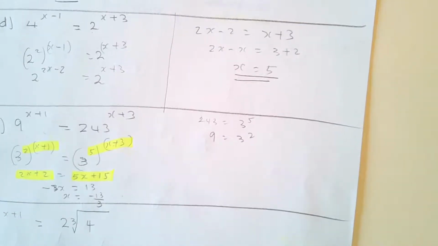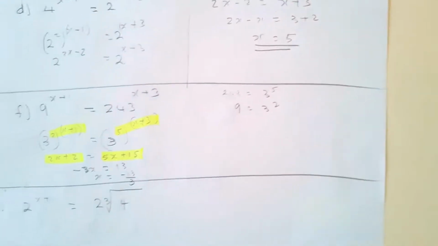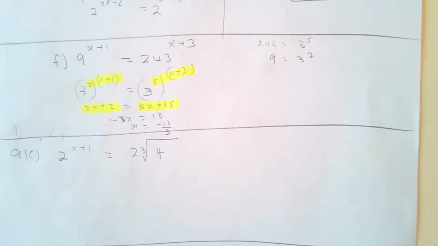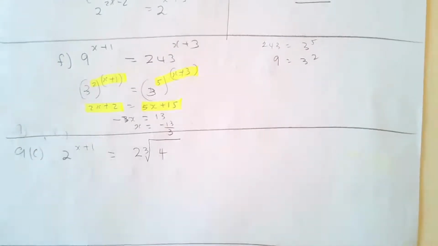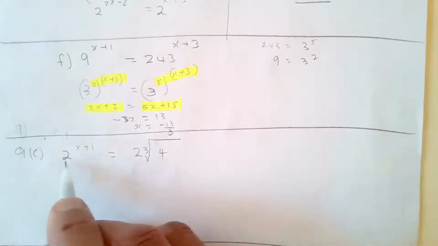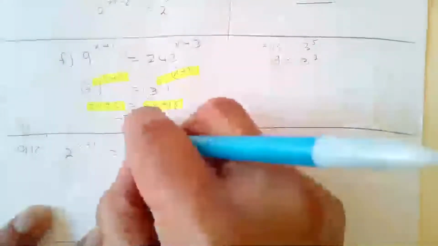I'll look at a couple of examples in your textbook. Question 9c. And here, you're asked to solve for x. What you want to do, now here we have a base of 2. Let me just rewrite this a little bit.